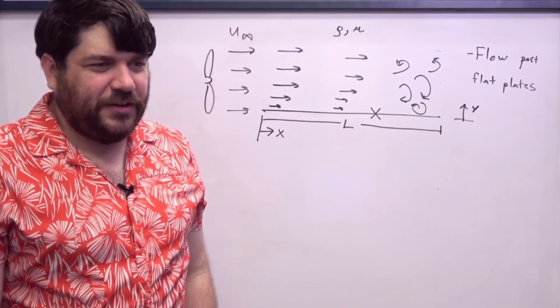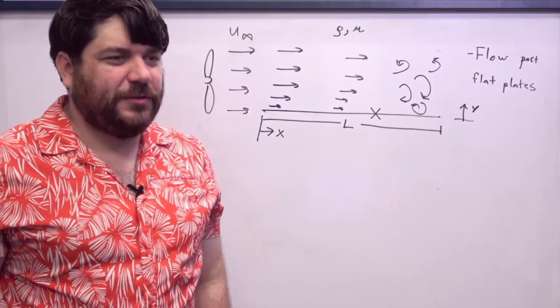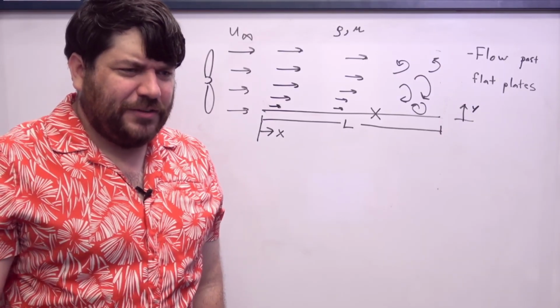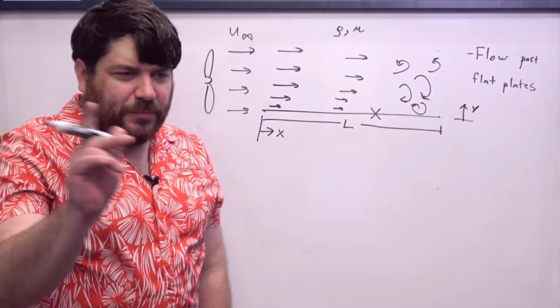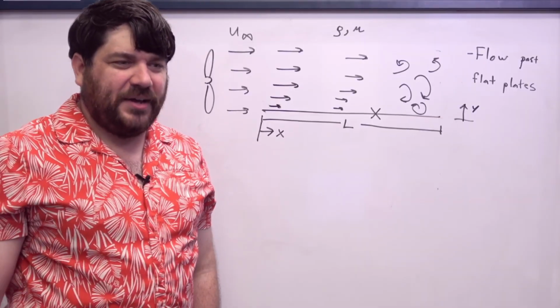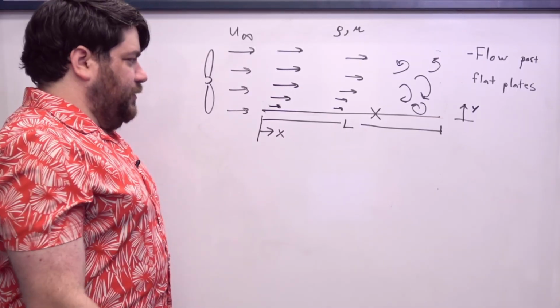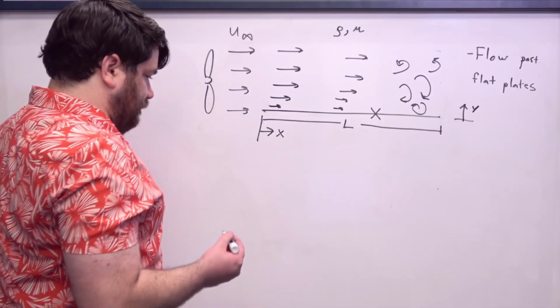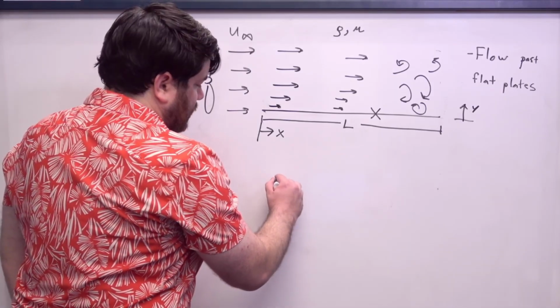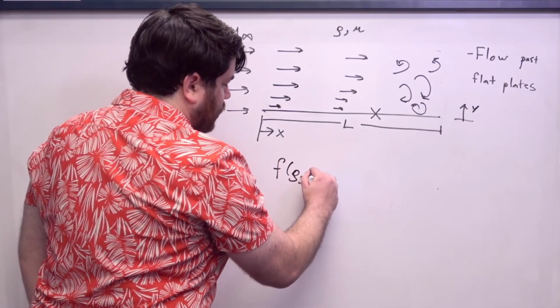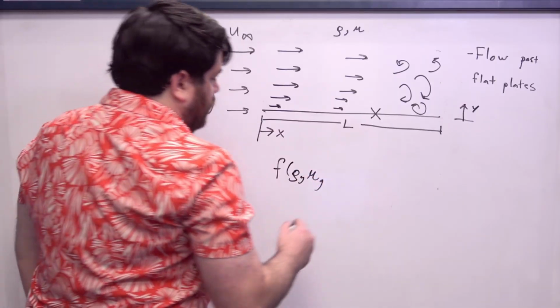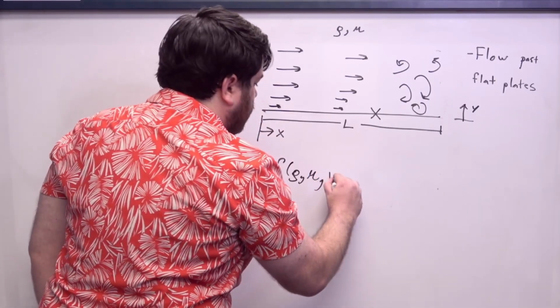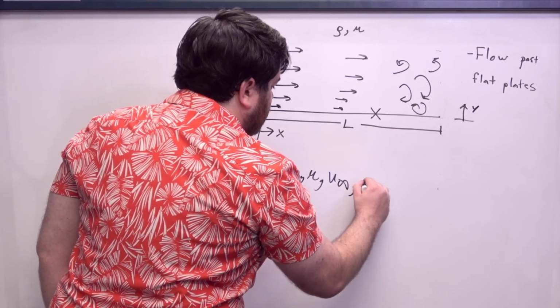Well, here's an idea for an experiment, right? We're going to have to do this via experiment. There's no way for us to know this based off of first principles, but there is still a way for us to be clever about it, right? Because we could try to imagine that whether or not turbulence occurs is a function of the different parameters inside of my system.